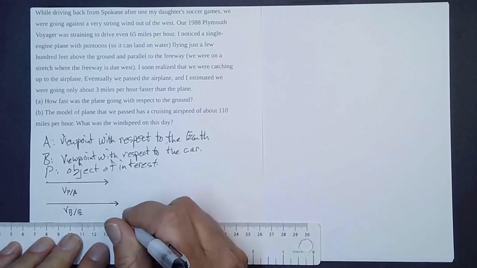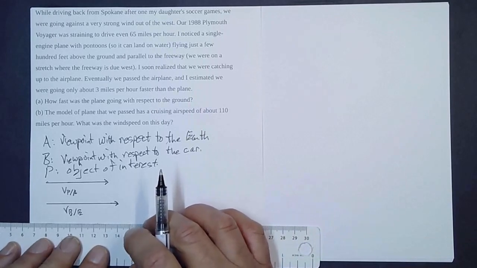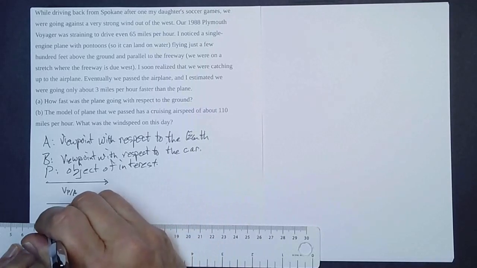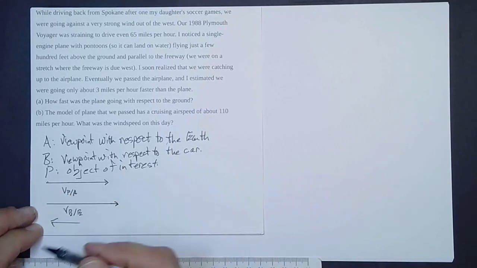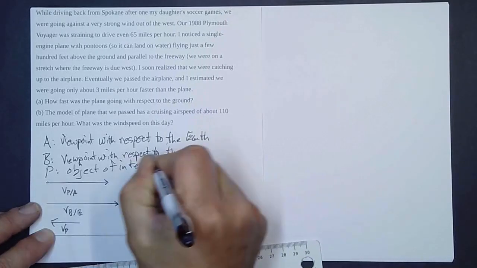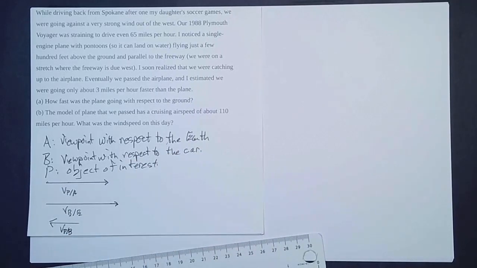Okay, now the car happened to be catching up to this thing, so the velocity of the plane with respect to the car is actually pointing back this way. So that's what we have.